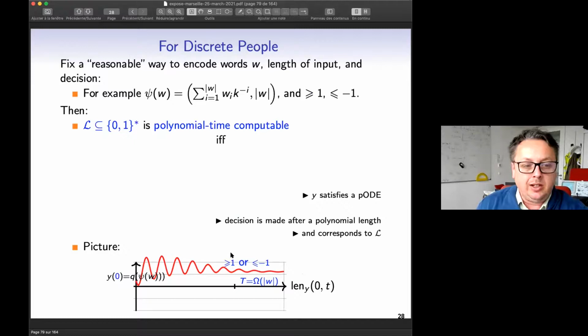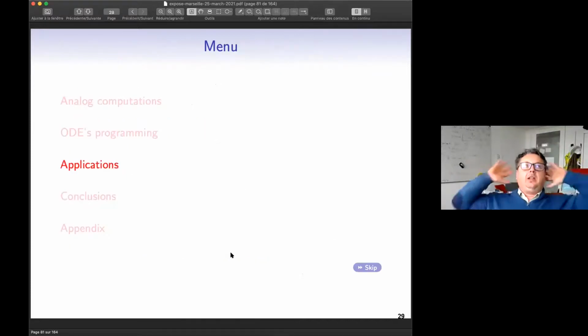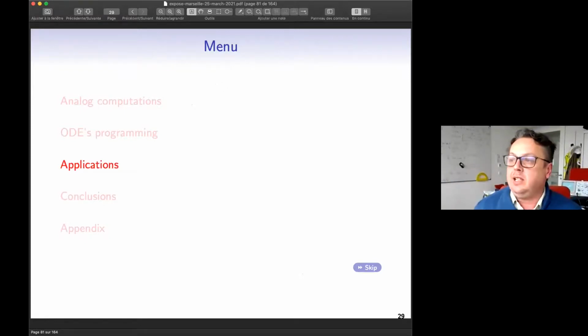And if you don't like functions over the reals and you want to compute over words, it could be adapted and so on. Okay. Anyway, what I'm going to show you in the remaining minutes is some application of these results. The idea is now that we know how to program using ordinary differential equation. In applied science, ordinary differential equation is a kind of universal language.